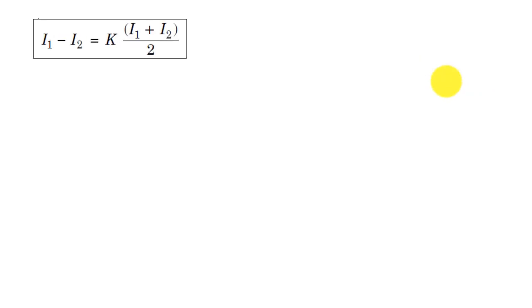Before that, let us look a little at differential protection, because differential protection plays a very important role in transformer protection. So already we know this. This is your spill current I1 minus I2, which is equal to K times (I1 plus I2) by 2.